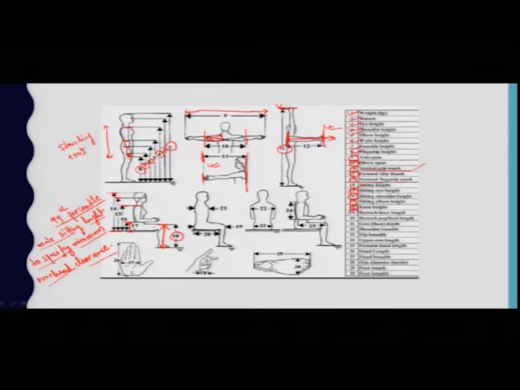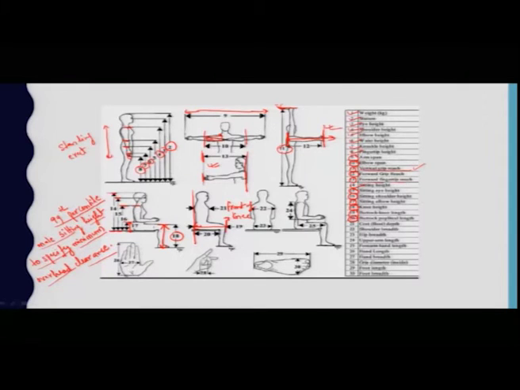Third is buttock knee length, denoted as number 19. It has been described as the horizontal distance from the wall to the front of the knee. This is the front of the knee. And again, buttock popliteal length.